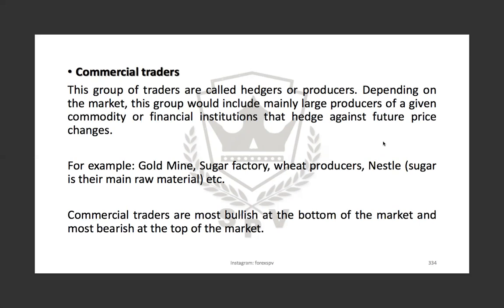So if it's a commodity market, there'll be the large producers of these commodities, whether it's cotton, copper, or gold. Or it can be financial institutions that hedge against future price changes. So we have these financial institutions who are purely hedgers.